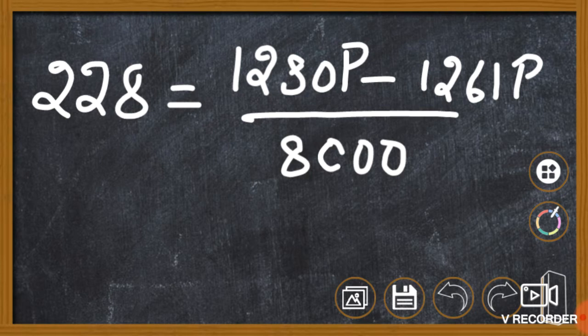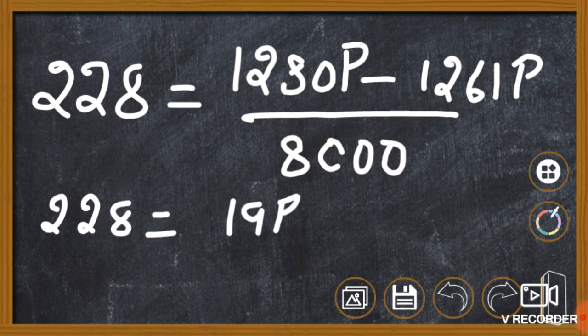So, its difference, that is 1280 minus 1261, its difference will be equal to 19. So, 228 is equal to 19p by 8000.